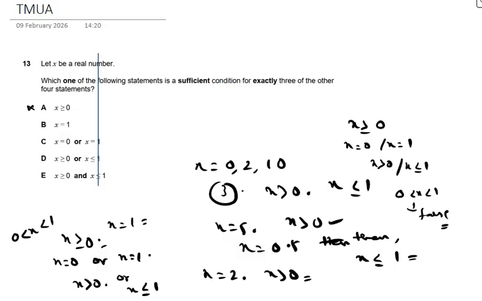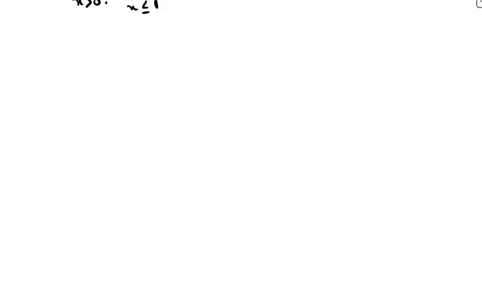Now come to statement C, that is x is equal to 0 or x is equal to 1. Since it says or, we must test both the possibilities. First, let's take x is equal to 0. So if x is equal to 0, x greater than or equal to 0 is true, x is equal to 1 false, x greater than 0 or x less than or equal to 1 true, and 0 less than x less than 1 false.